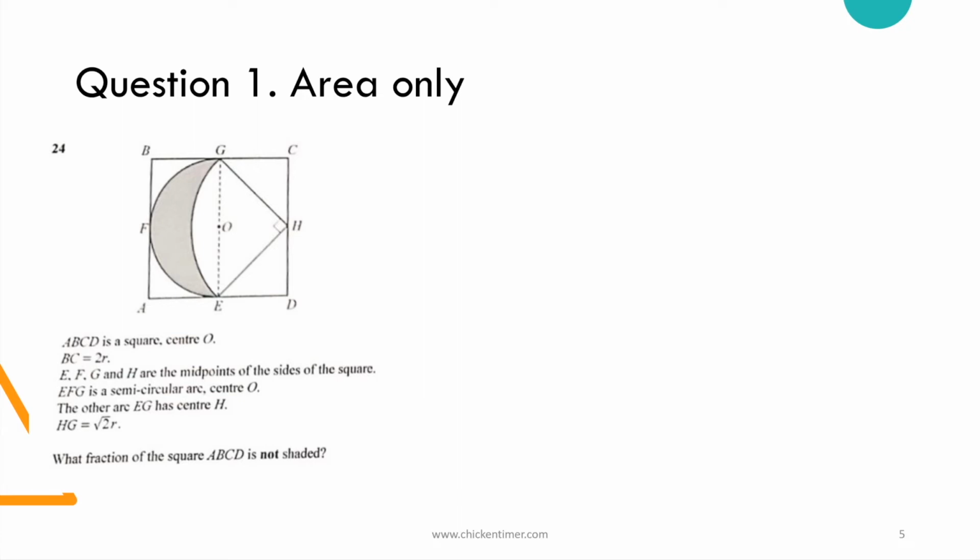So this is our first question. We have ABCD is a square and BC is 2R.